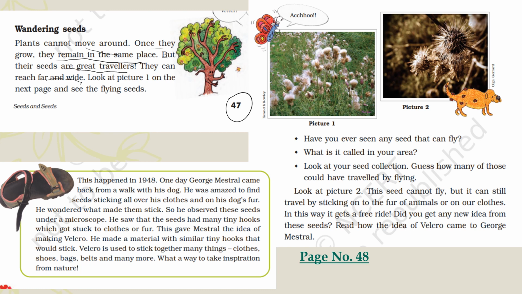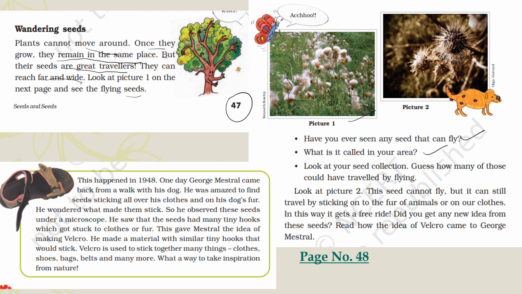Look at picture 1 on the next page and see the flying seeds. So this is picture 1, and these seeds, they are flying. They seem as if they are flying, and this is the insect. It has sneezed. So they're asking you if you have ever seen a seed that can fly, and if you have seen, what is it called in your area.